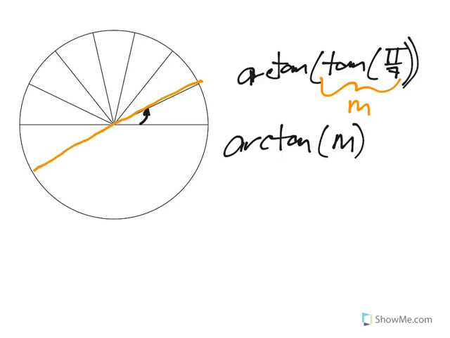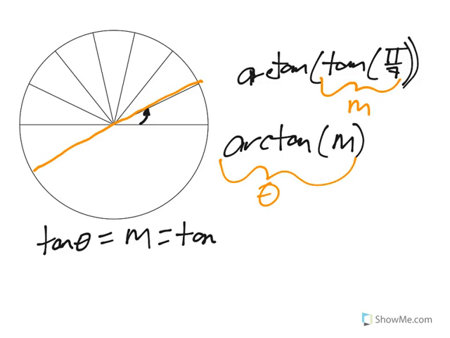But when I think about what this arctan of m is, that's an angle. And this angle has 2 properties. First property is that the tangent of theta is equal to m. Same thing that the tangent of π/7 happens to be, because that's what we defined m as, the slope of that line.